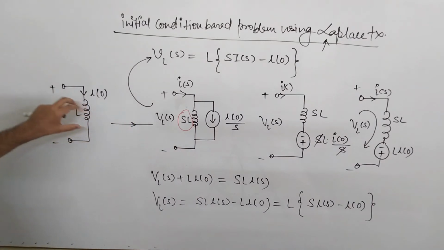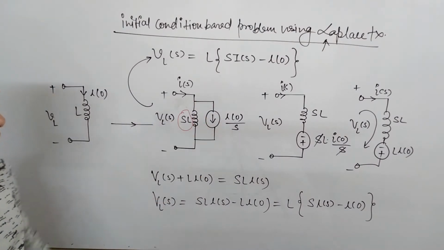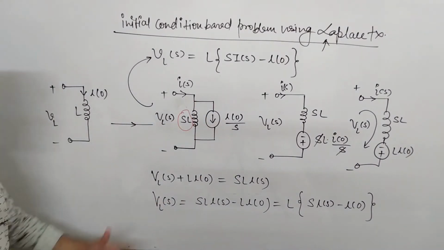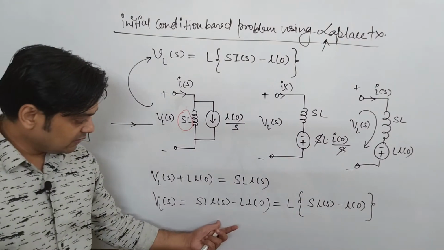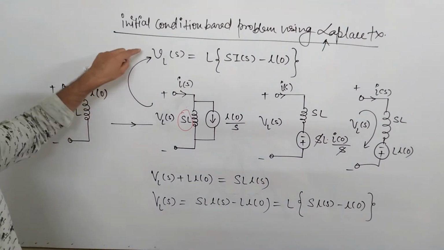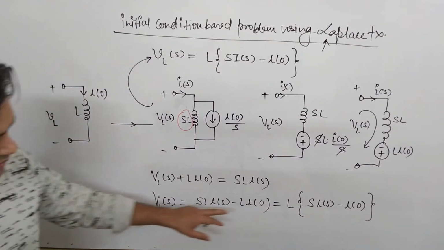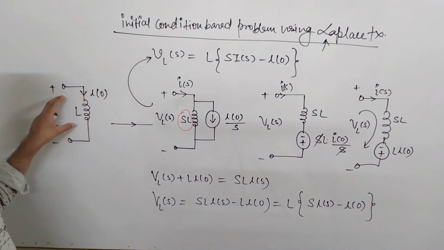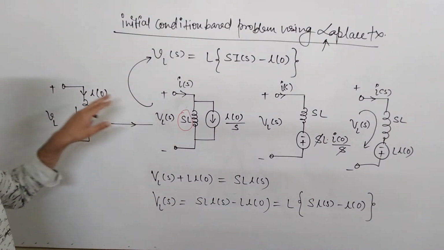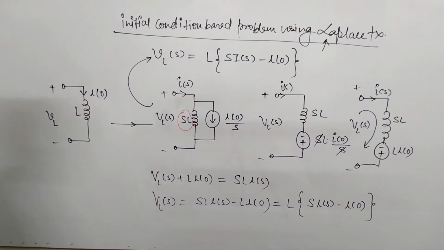And if an initial current I0 exists, it is represented in parallel with this inductor in the form of I0 by s, and once you transform it, which we have already seen, this value comes. So from here it is clear that your voltage is represented in this form. Or you can say that the inductor in the Laplace domain, if it is initially charged, is represented in this pattern.